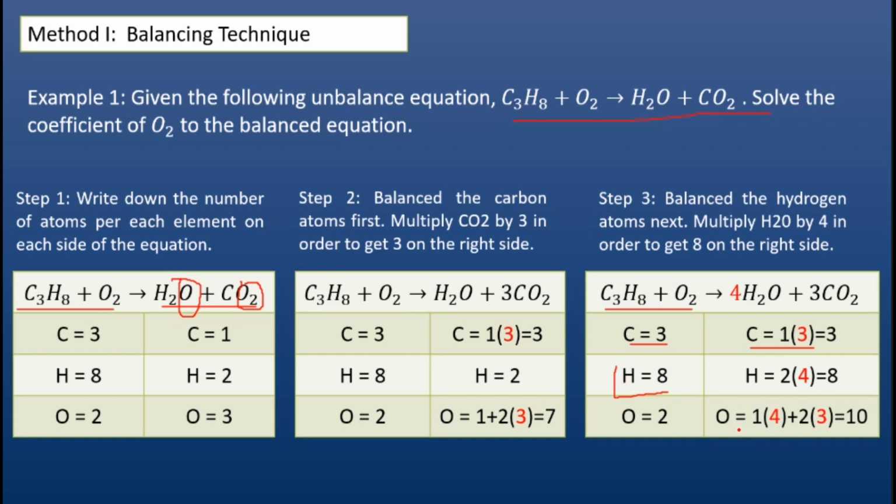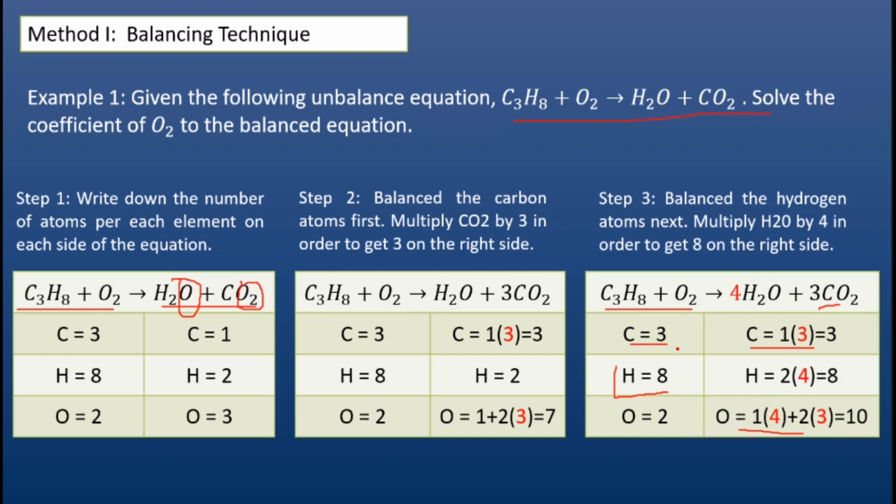Then the oxygen on the right is 4 times the 1 atom of oxygen, plus 3 times the 2 atoms of oxygen, so we have 10.